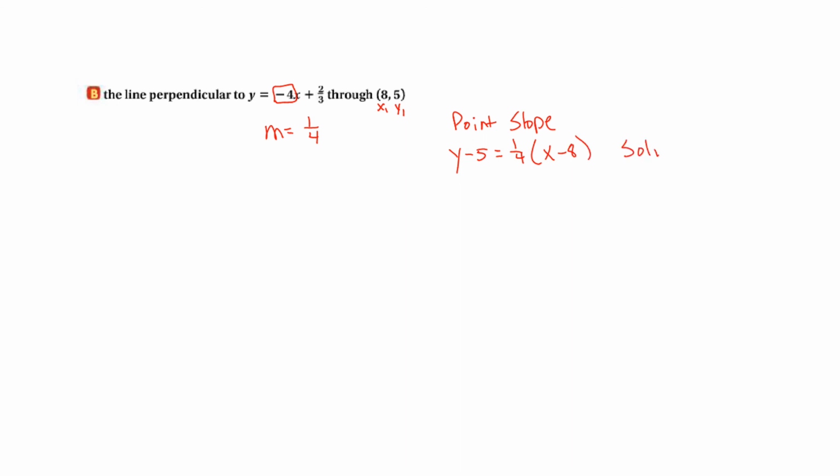And then I'm supposed to be putting it into slope-intercept form, so I need to solve for y. So I do my distributive property. y minus 5 equals 1/4 x minus 2. Add my 5 to both sides, and I get y equals 1/4 x plus 3.